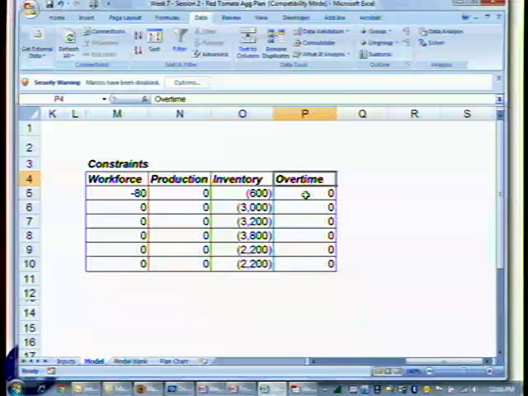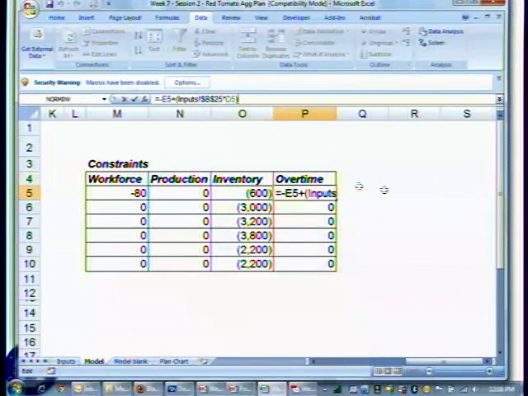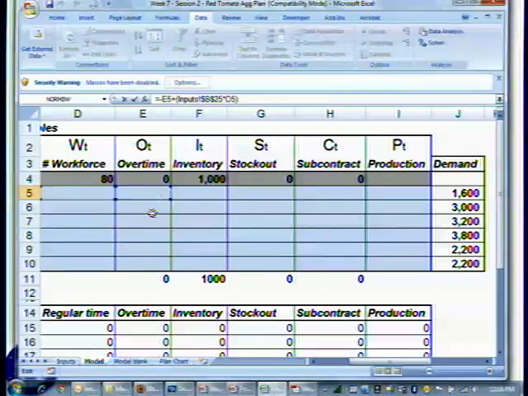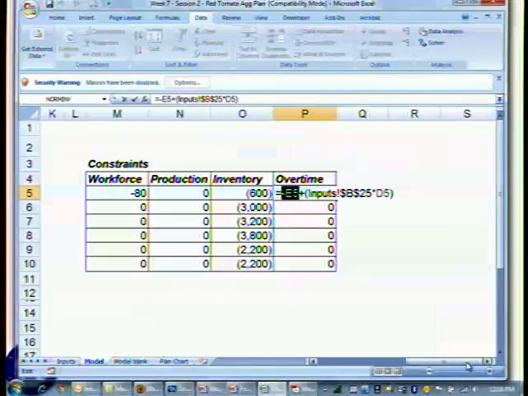Looking at the model, you can see here is the calculation of that. So one thing I want to note there is there's a leading negative sign here in order to get this equation to work correctly. So you're going to see this leading negative sign ahead of E5, which is the overtime hours calculated by the solution, plus the inputs.